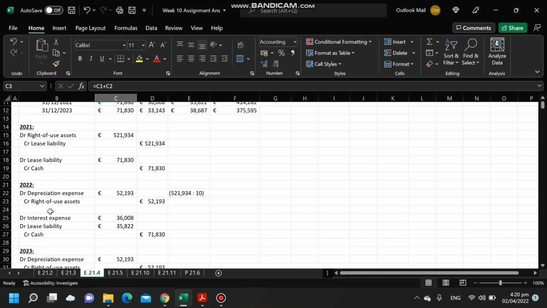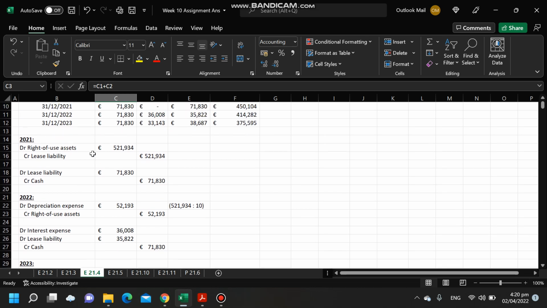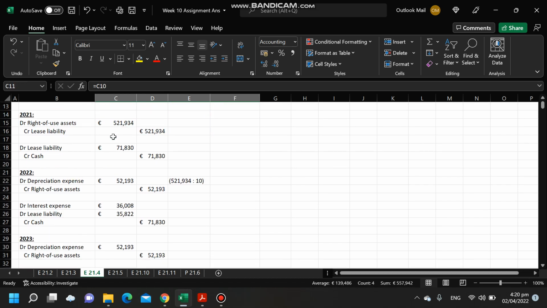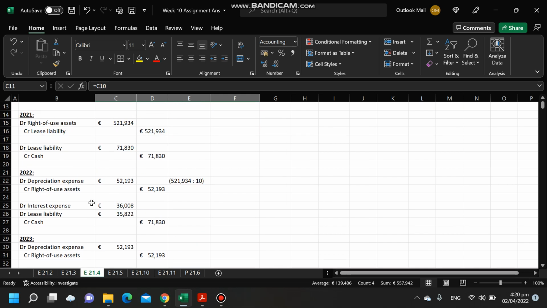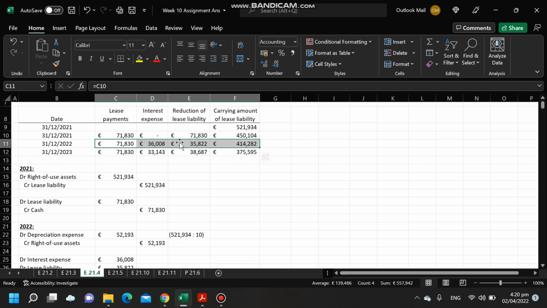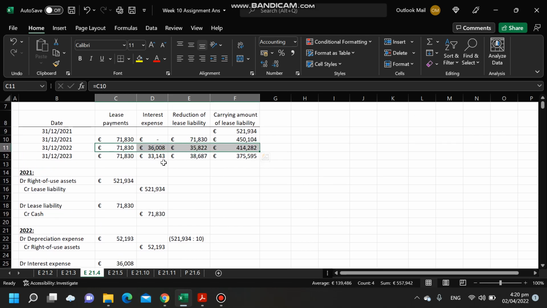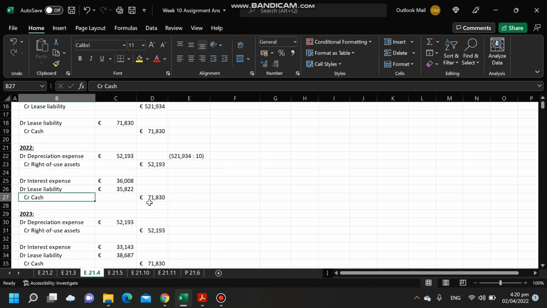And then you must record also the lease payment. You can just focus on the row of 31st December 2022. So debit interest expense of 36,008, and then debit lease liability 35,822, and then credit cash 71,830.